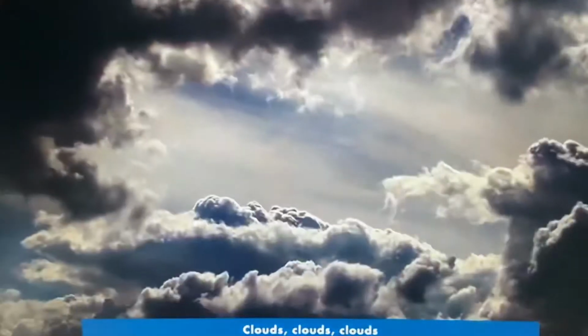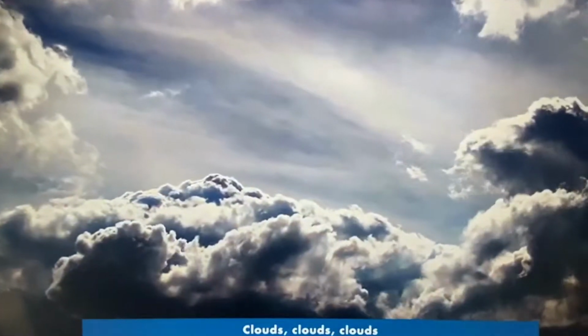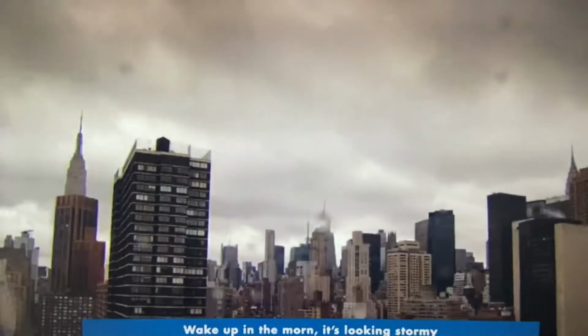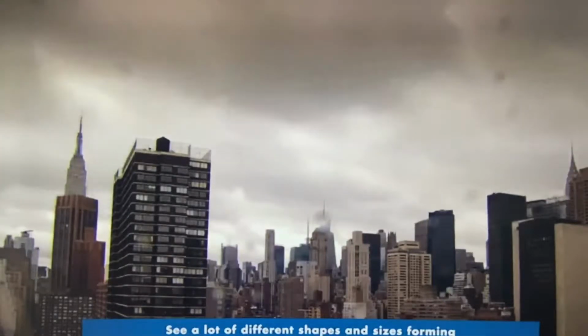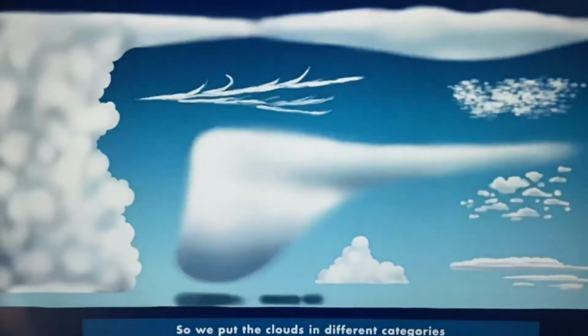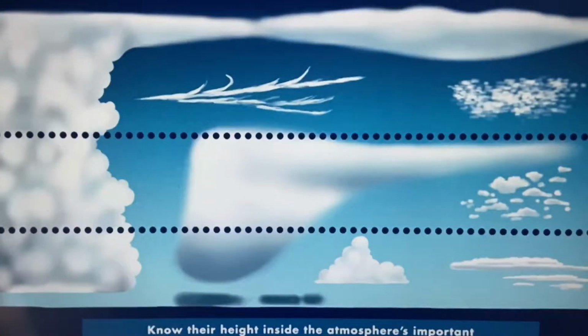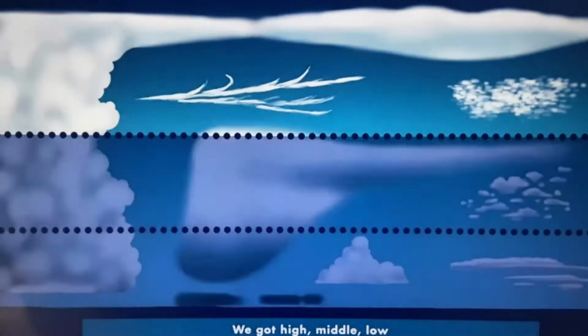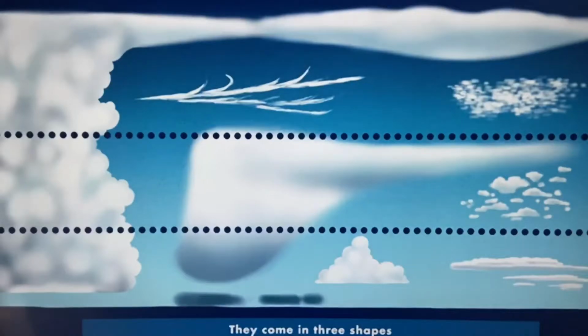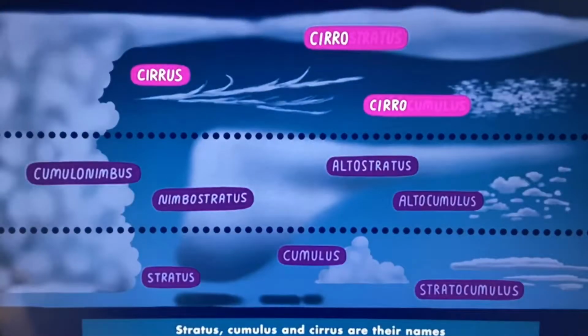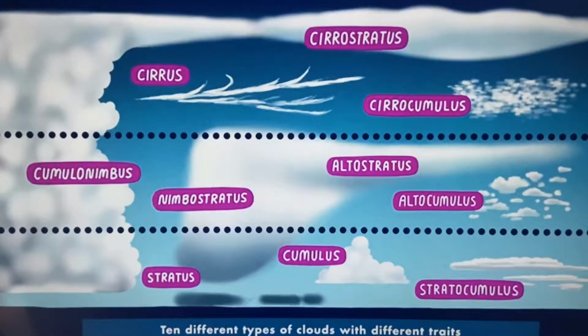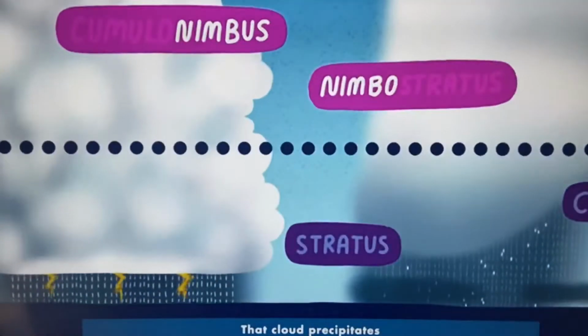Clouds, clouds, clouds. Yeah. Wake up in the morning, looking stormy, see a lot of different shapes and sizes forming. So we put the clouds in different categories. Know the height inside the atmosphere is important. We got high, middle, low, they come in three shapes. Stratus, cumulus, and cirrus are the names. 10 different types of clouds with different traits. One's a nimbus cloud, that cloud precipitates.